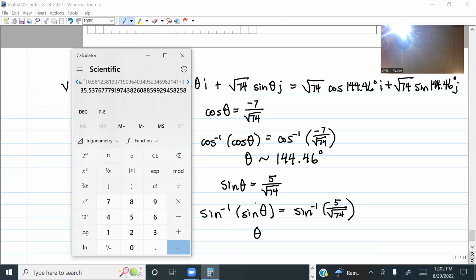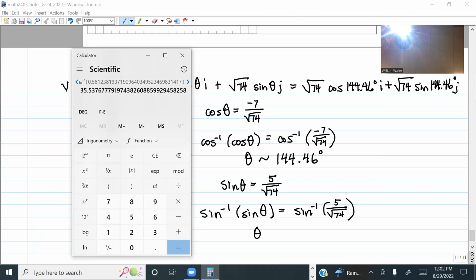How do we limit the domain of the sine function to get the restricted sine function? We limit it to minus pi over 2 to pi over 2, right? The normal domain of the sine function is all real numbers, but to get a function with an inverse, we limit its domain to minus pi over 2 to pi over 2. So it's not quite the same as the true sine function. That's why it's called the restricted sine function.